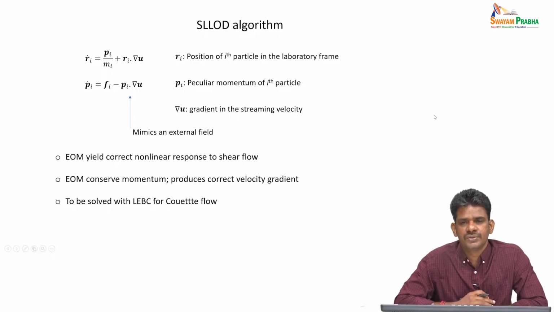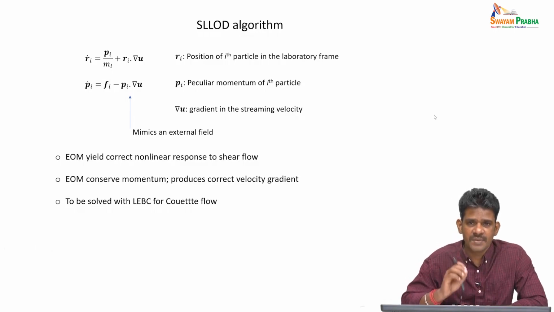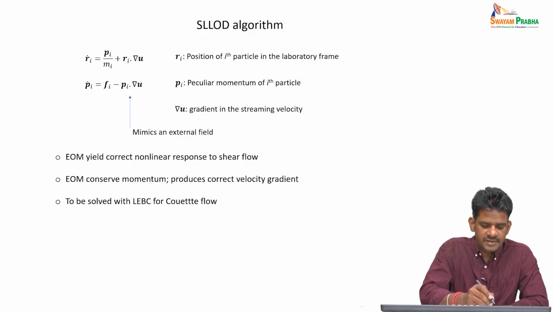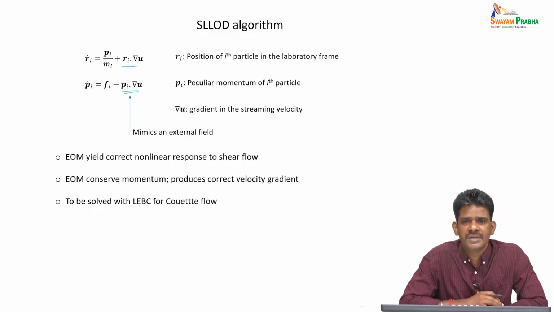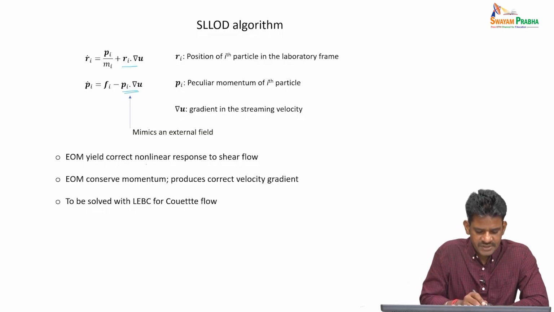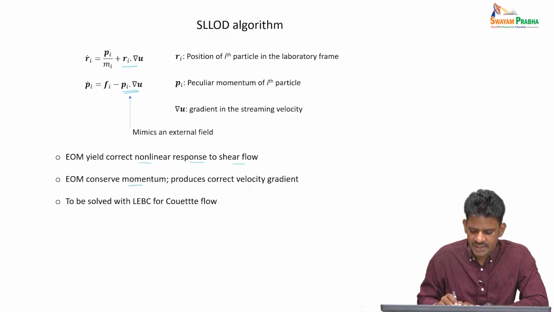The other method is to include in the dynamics itself, in the equation of motion itself, the linear velocity profile that we want to impose. So, that includes an additional set of terms which mimics the external field. And this equation of motion correctly describes the nonlinear response to shear flow. It also conserves momentum and produces the correct velocity gradient that we want.